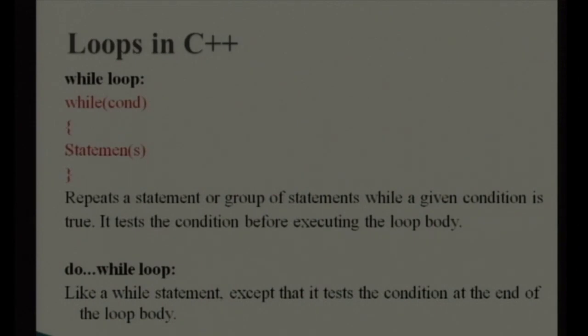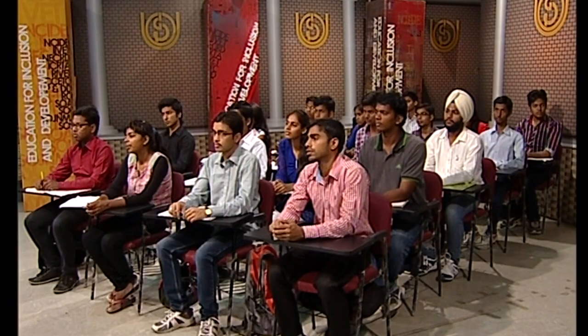The while loop starts with checking a condition: while, then the condition, and then some set of statements. How many times will this statement set be executed? Yes, according to the condition. Until the condition becomes false, as long as the condition is true, we will keep on executing the statements inside the loop, right.